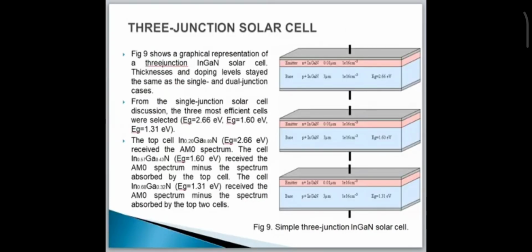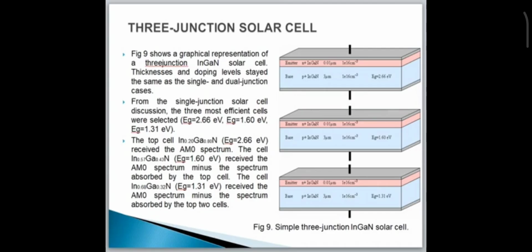Next is the 3-junction solar cell. Figure 9 shows a graphical representation of a 3-junction indium gallium nitride solar cell. Thickness and doping levels stayed the same as the single and dual junction cases. From the single junction solar cell discussion, the 3 most efficient solar cells were selected, having band gaps of 2.66 electron volt, 1.60 electron volt and 1.31 electron volt.